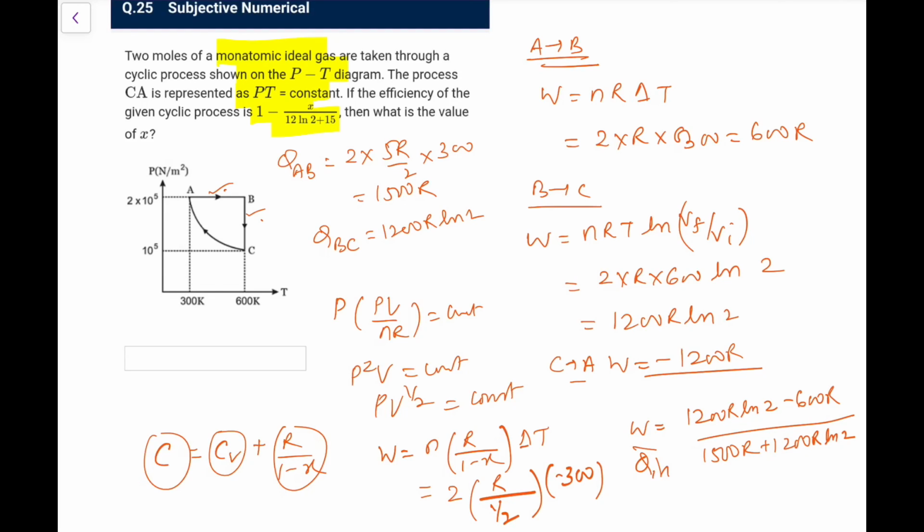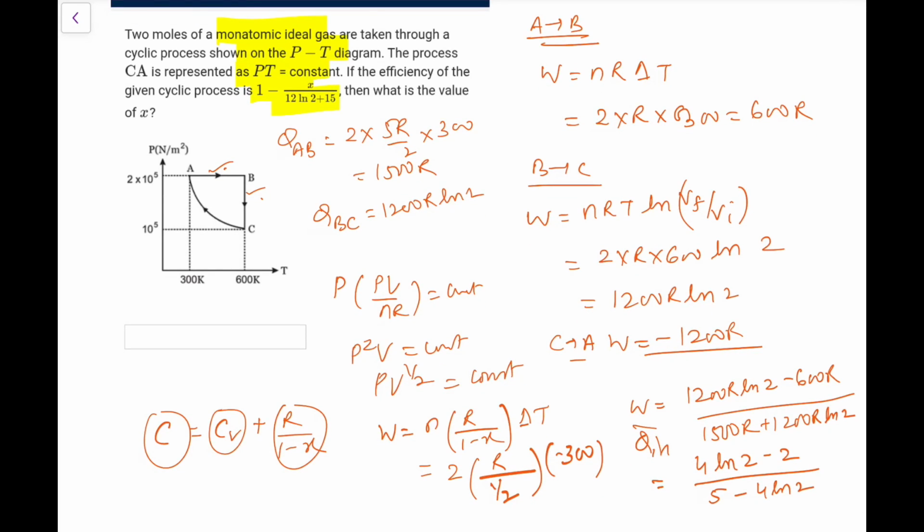So if I do this, efficiency is W by Q in. Taking 300R as common, this becomes 4 ln 2 minus 2 upon 5 plus 4 ln 2. So this is the result I have.